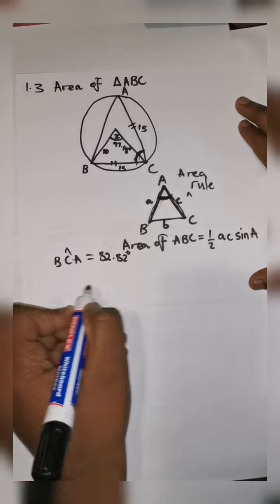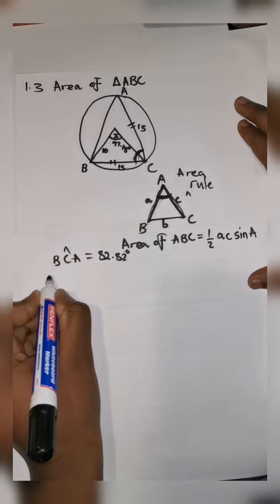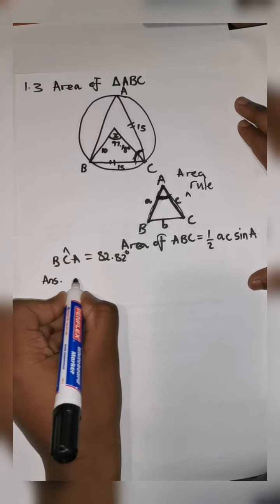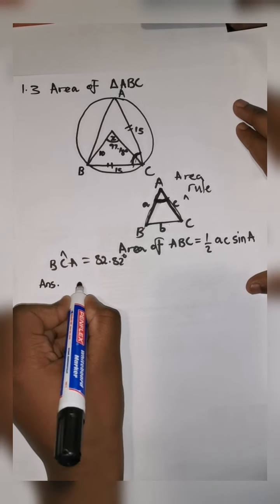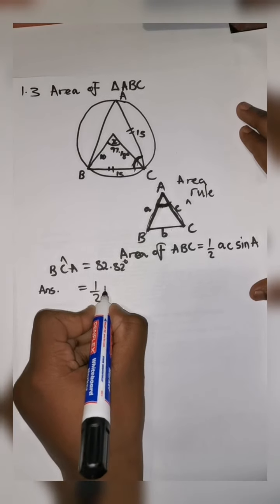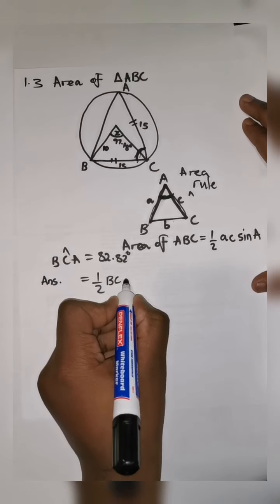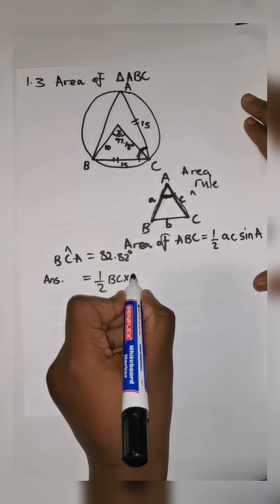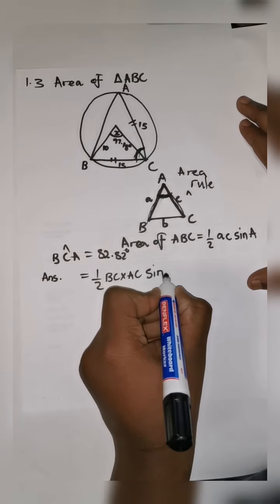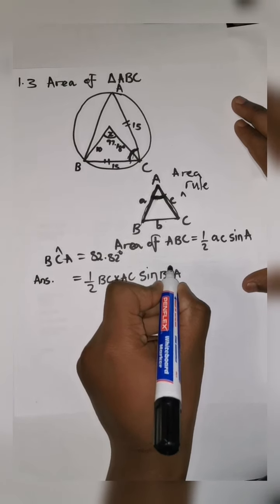So our answer for the area is going to be half of BC times AC times sine BCA.